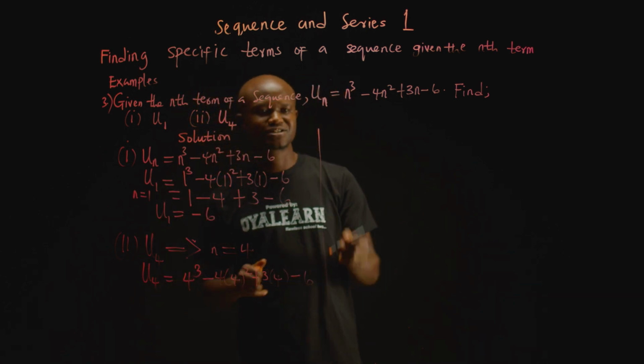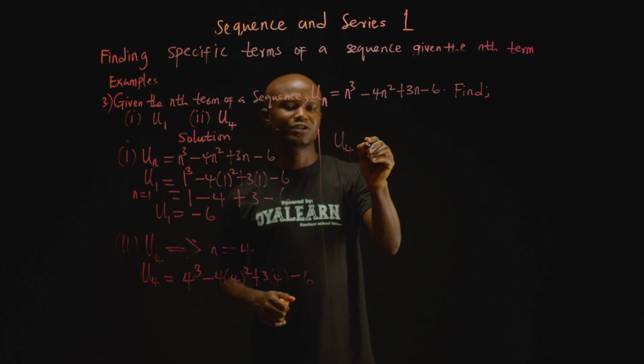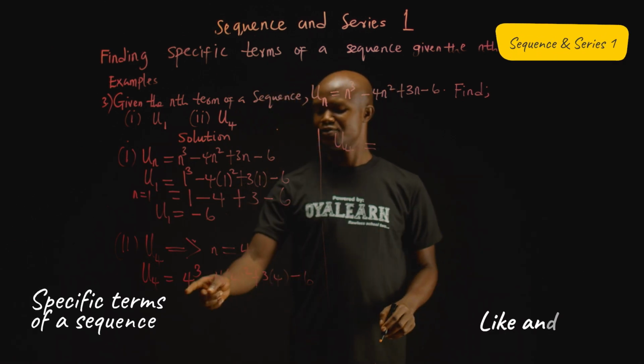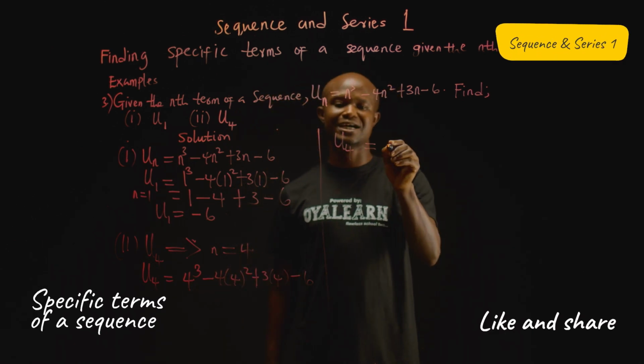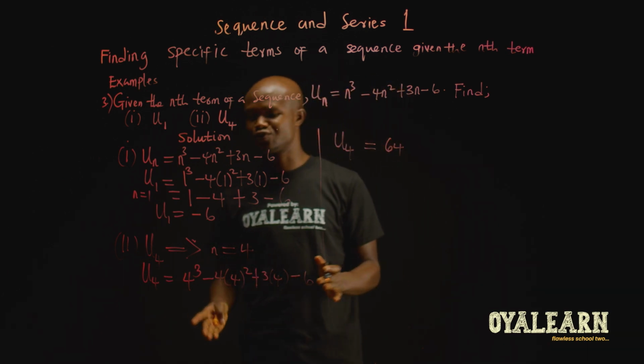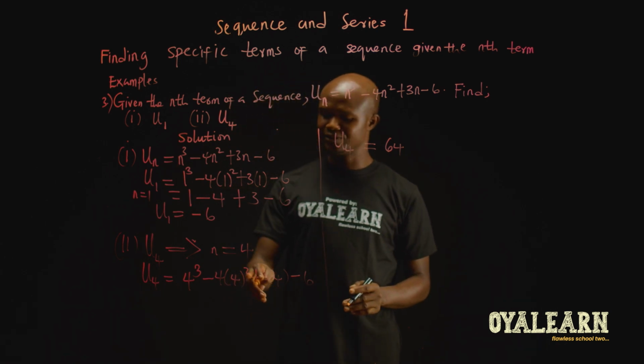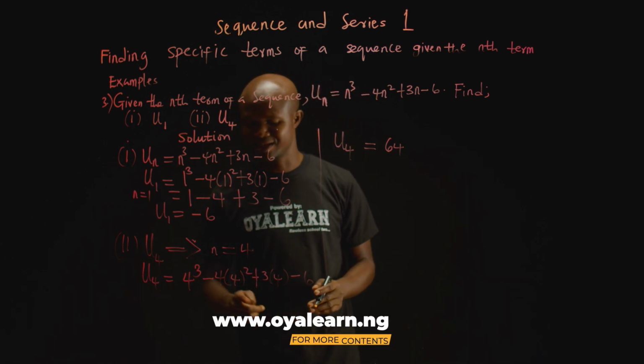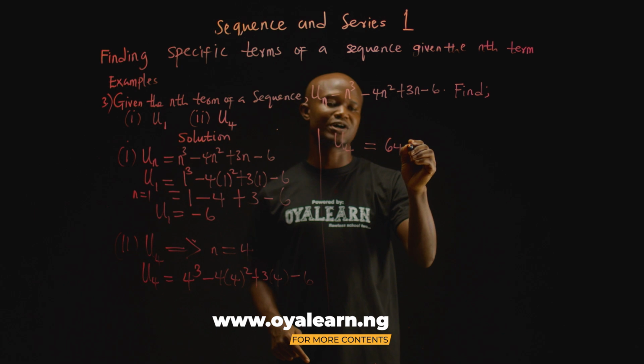So in this case, u4 is equal to what? Simplifying. 4 raised to the power of 3, that's 4 times 4 times 4, that's 64. Then 4 raised to the power 2 is 16. 16 times 4, we also have 64.